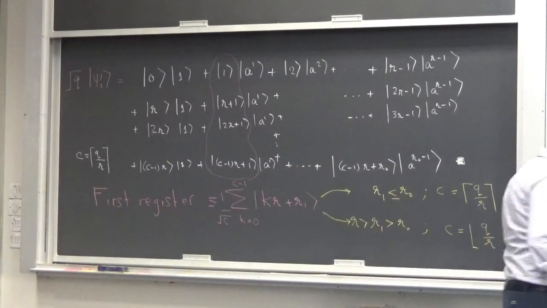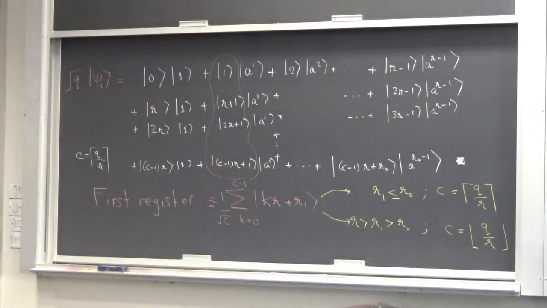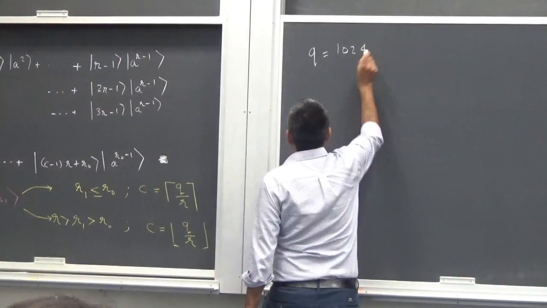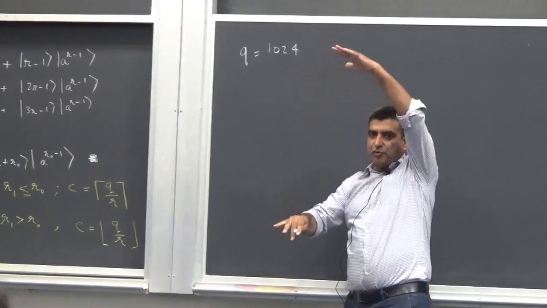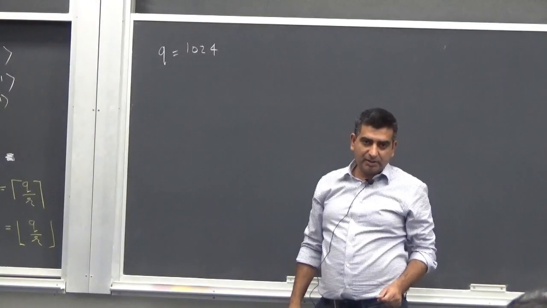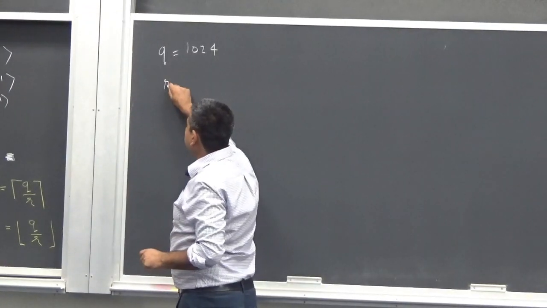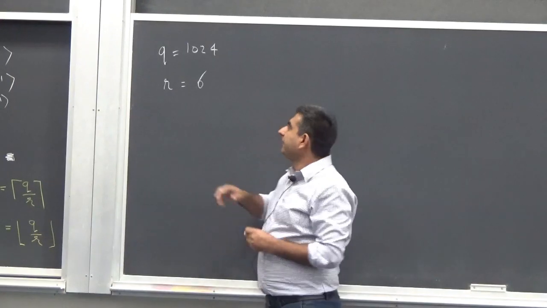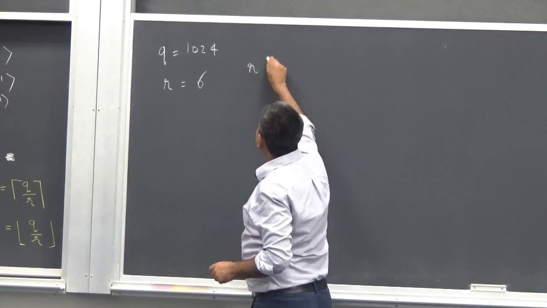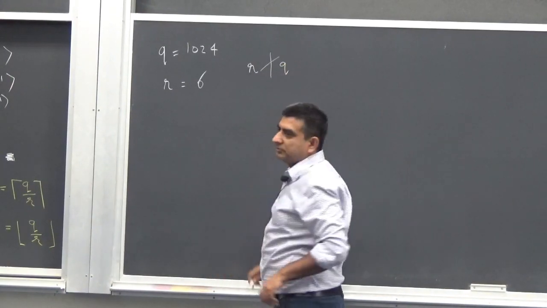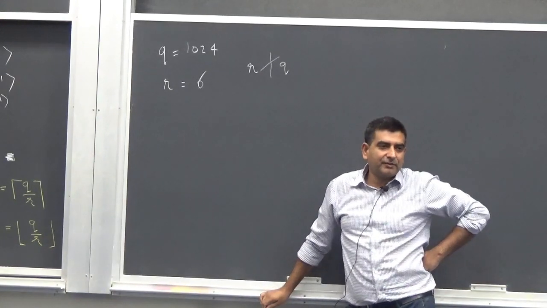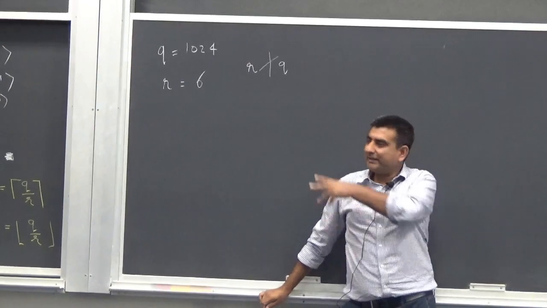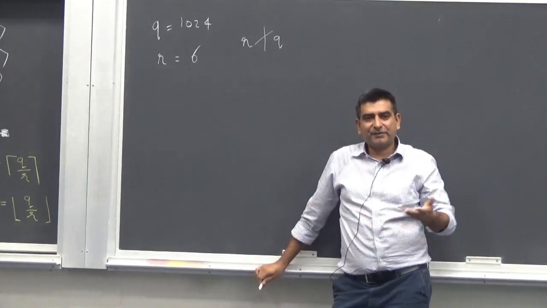In the example that we discussed yesterday, if my Q is 1024, that is I'm using 10 qubits in the first register, and my R for a particular value of a is 6, then R does not divide Q, or Q is not a multiple of R, so you'll get a fraction as a result. But the number of rows in that prescription is always an integer.